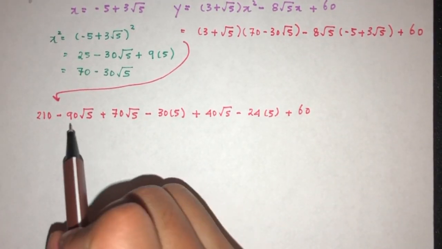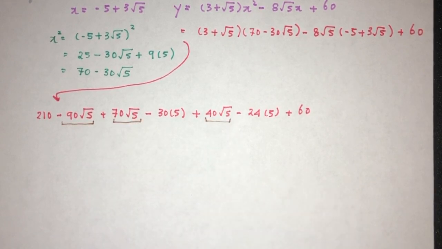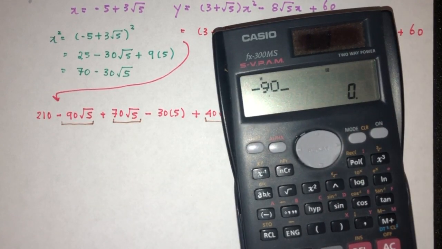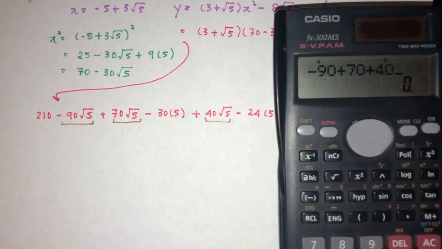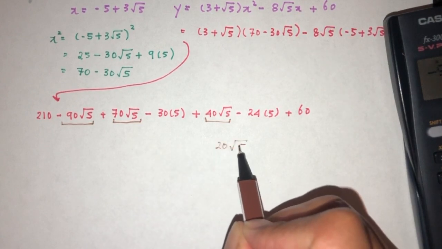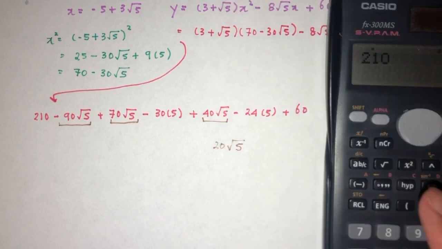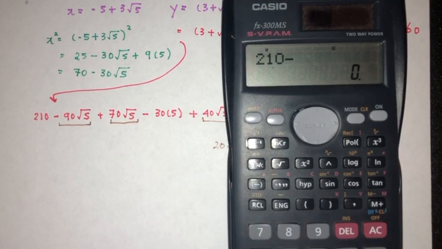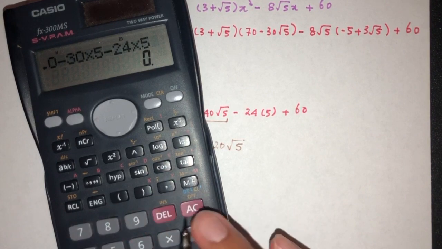So here we have all the terms of root 5. This one, and this one. That'll be minus 90 plus 70 plus 40. That will be 20. So it's supposed to be 20 root 5. Now this one will be 210 minus 30 times 5 minus 24 times 5 plus 60.